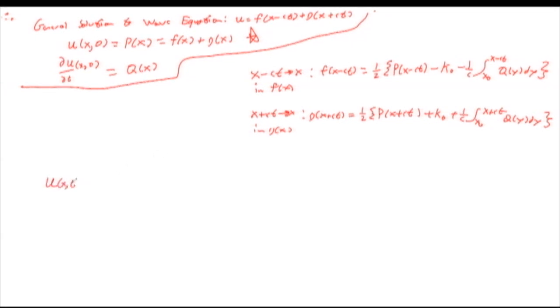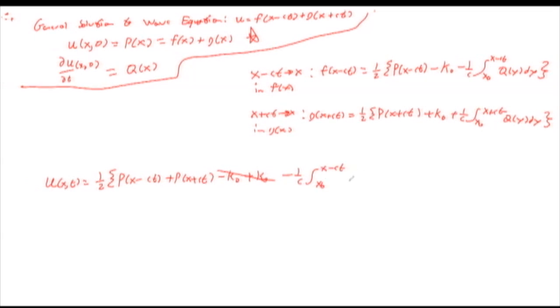So u of x and t is equal to 1/2 times p of x minus ct plus p of x plus ct, minus k naught plus k naught, and these will cancel. As I said before, they're going to cancel. Minus 1 over c times the integral from x naught to x minus ct of q of y dy plus 1 over c times the integral from x naught to x plus ct of q of y dy.